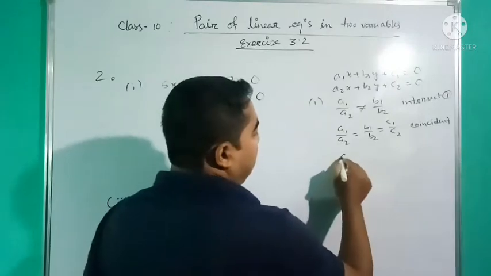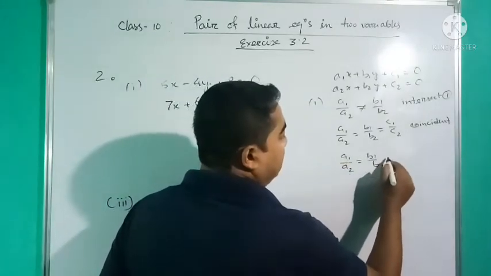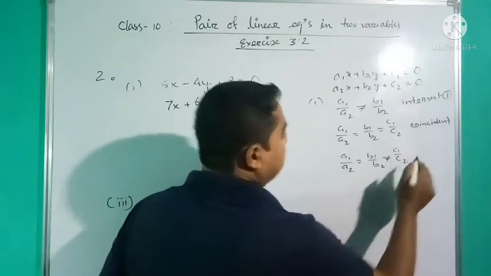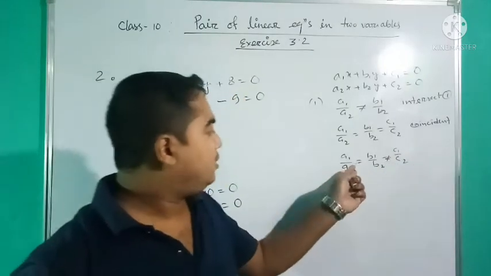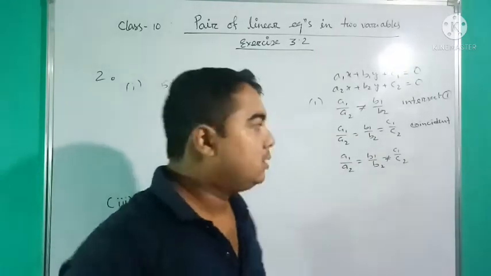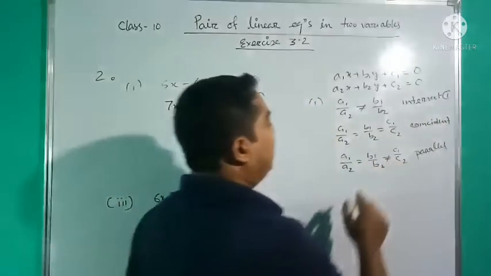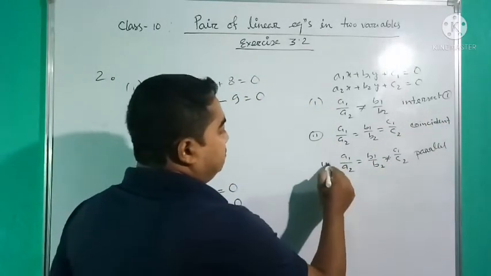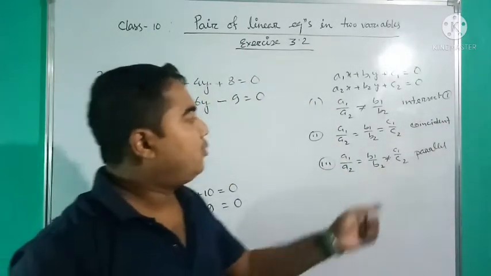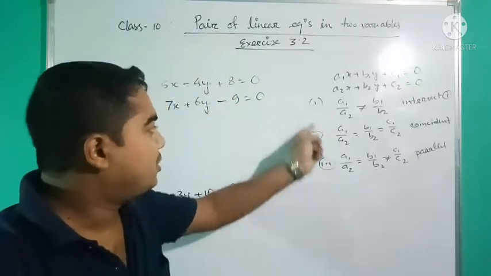Next, if a1 by a2 equals b1 by b2 but not equal to c1 by c2, then there is no intersecting point, and that is called parallel lines.